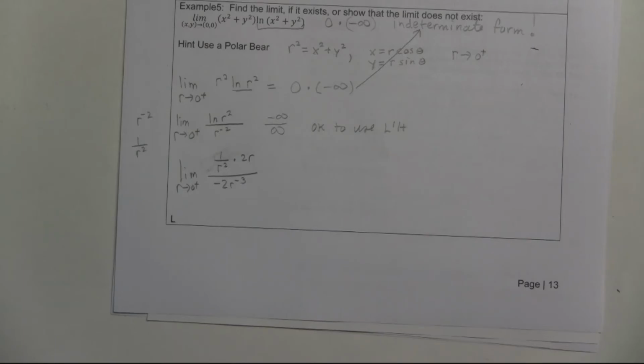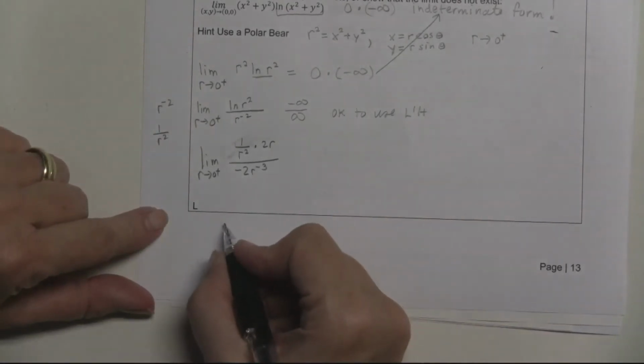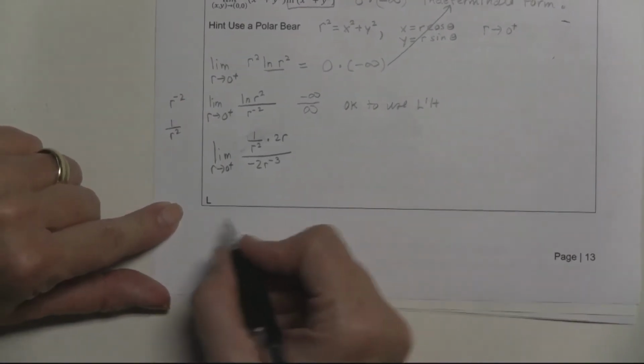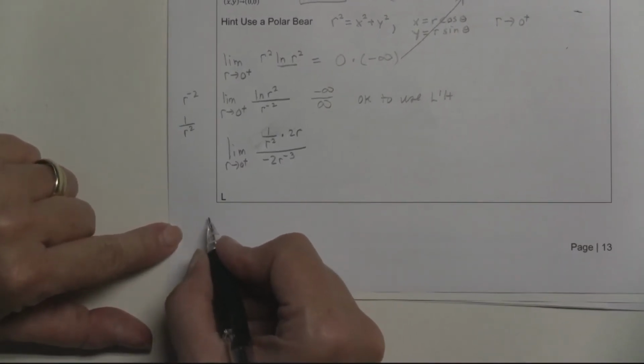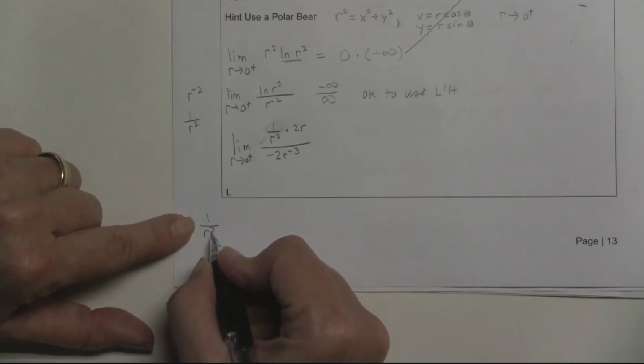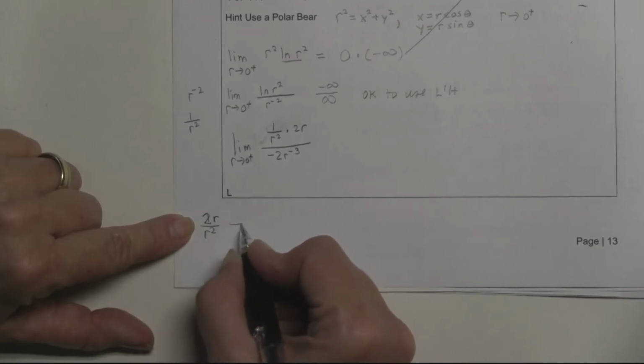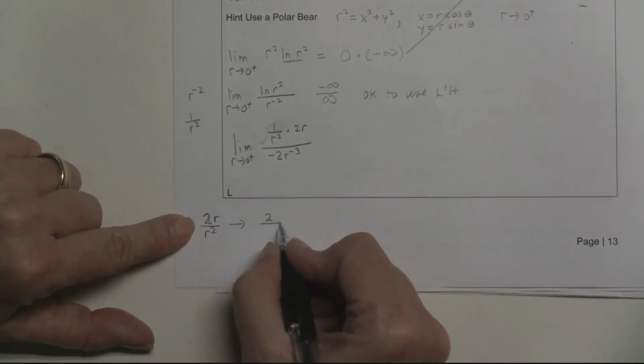And it's okay to clean up, everybody everywhere, clean up, everybody do their share. So it's okay to kind of clean this up. When I clean this natural disaster up, I don't want to mess up my work over there, but I also don't want to do the algebra in my head and mess it up. So in the numerator is 2r over r squared, so in the numerator is really 2 over r.